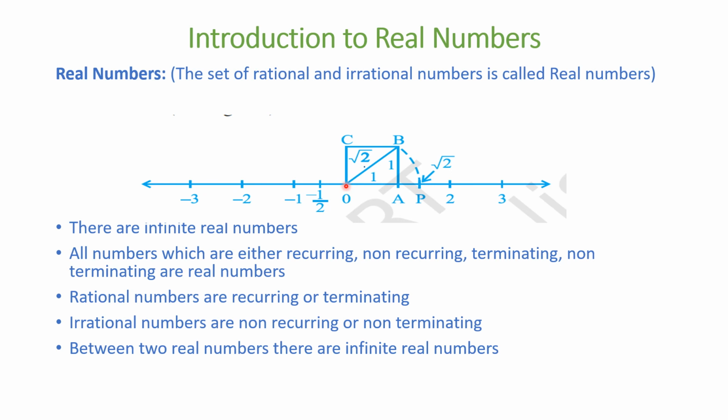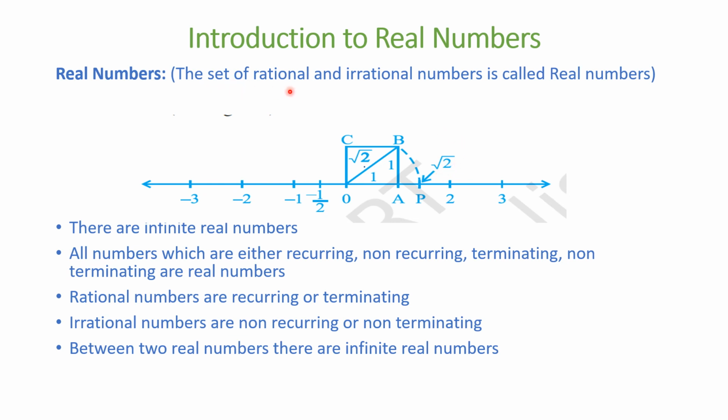So when I put my pointer here and take this much distance and I draw an arc like this, since this distance is equal to root 2, this is the circle. So that means this is also going to be equal to root 2, which implies that this point P represents root 2 on the number line, which is an irrational number.